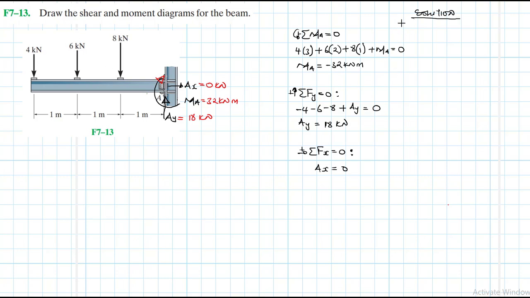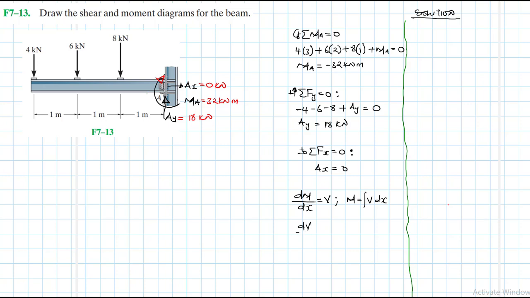So we do know that, let me just draw a boundary here. Okay, we know that the rate of change of moment with respect to x is equal to shear, and therefore moment itself is just equal to the area under the shear diagram.